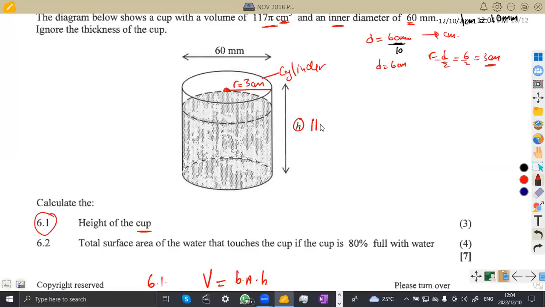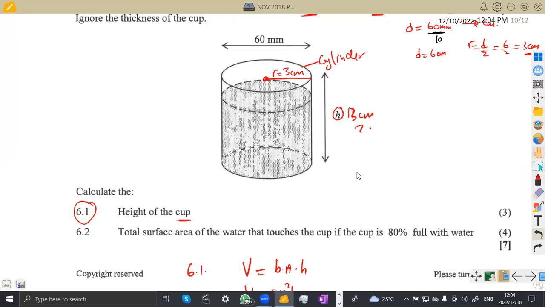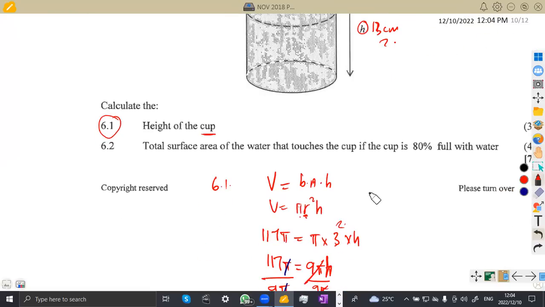So this is 13 centimeters. Okay, so with 13 centimeters as the height, then on 6.2, they are now asking us to calculate the total surface area of the water that touches the cup if the cup is 80% full with water.